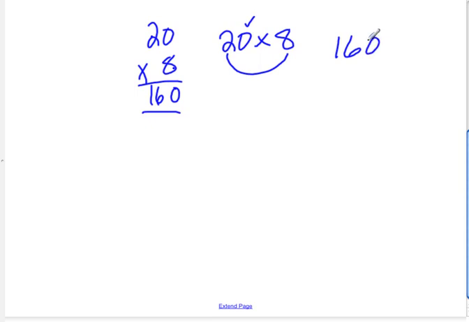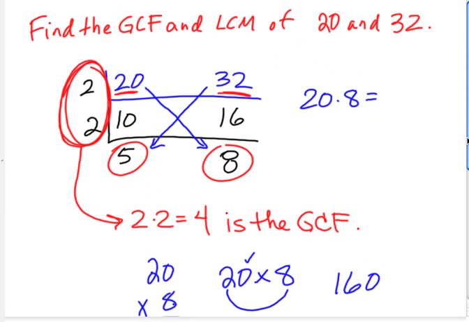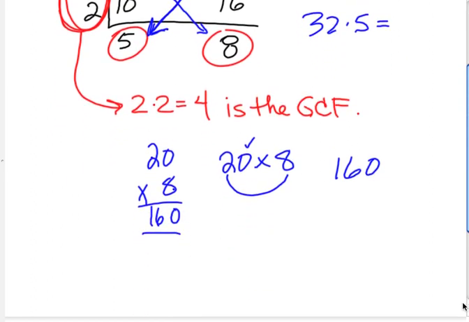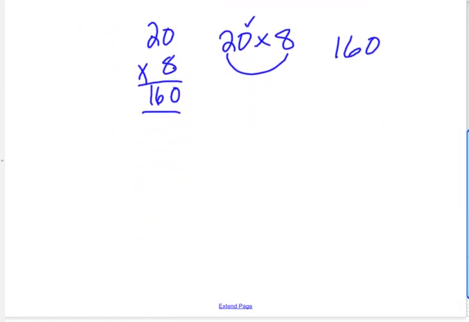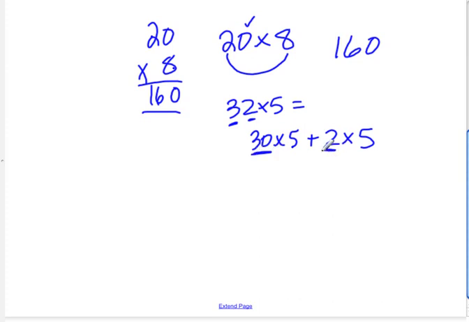Okay, I want you to be able to start doing some of the math in your head. Let's look at this one. 32 times 5. What if we do this? 32 times 5 is the same as 30 times 5 plus 2 times 5. Now we can do this in our head. 5 times 3, 15.